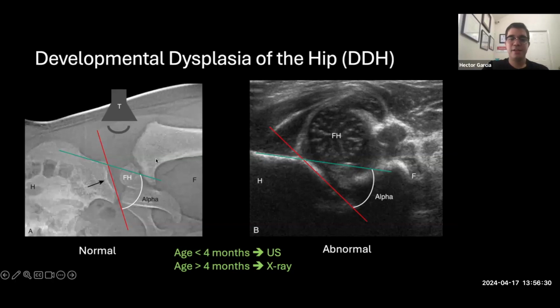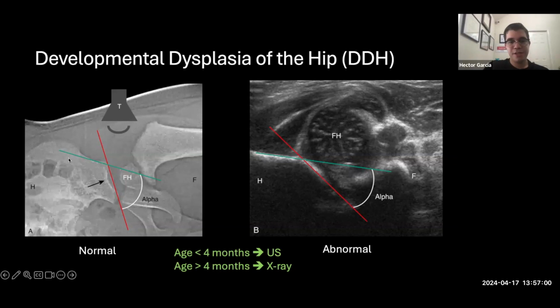And you're going to see, they might describe the Ortolani and Barlow maneuver, where you hear a click or a clunk when the physician is examining the hip. You may see asymmetrical creases, or you may also see the thighs don't align when they put them together. So these are physical exam findings for developmental dysplasia of the hip.